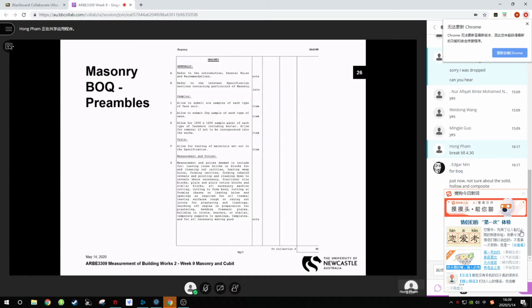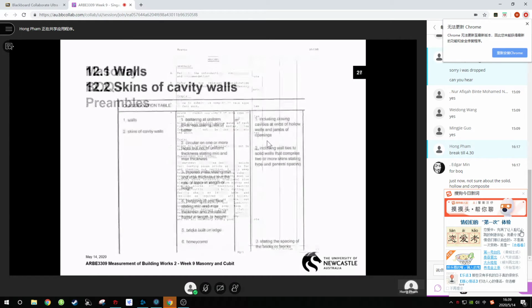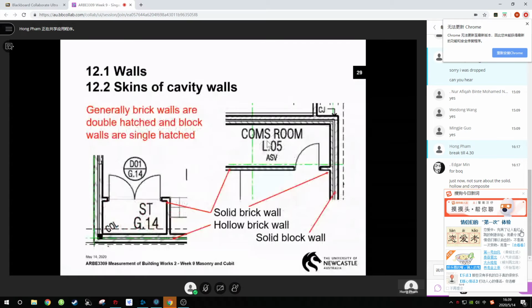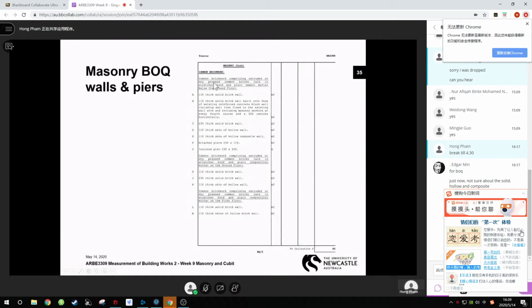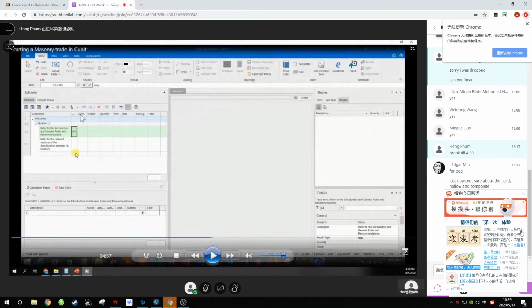Okay, here, and then we will go to BQ2, for example. Common brickwork. Okay, and we will shortcut a bit. Or we can follow Trevor's examples here.